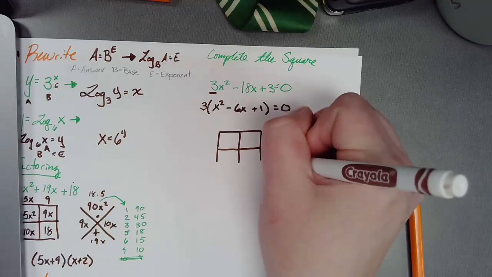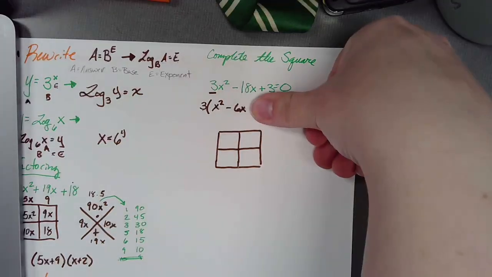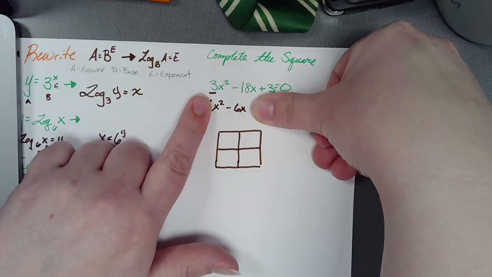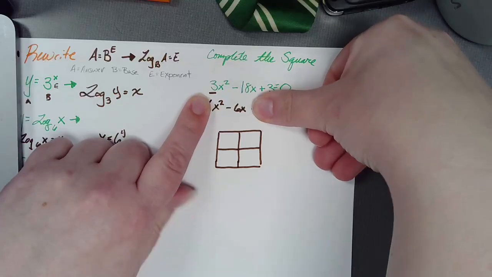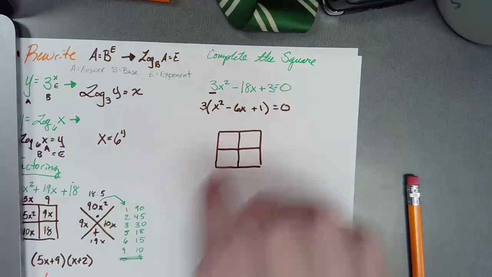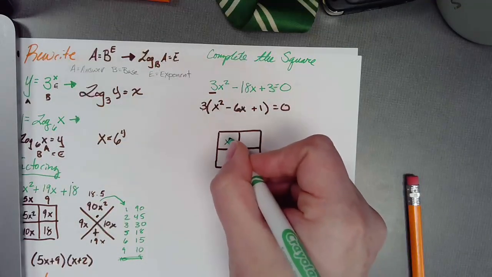So when we go into completing the square, the big difference in how we deal with it is I'm not going to care about that plus 1. So not only are we not paying attention to the 3 that's out front right now, we're kind of ignoring this 1 for the moment. And I'm saying I need to organize these two pieces into our square so that things are equal on both sides. Now, the x squared still goes in the upper left like always.